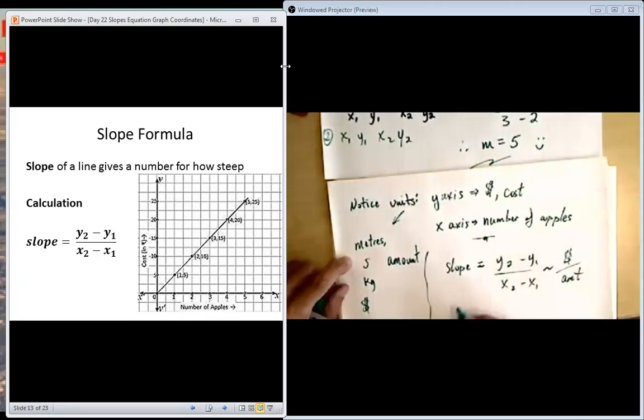And so this slope ends up being $5 per apple, or in other words, $5 for each apple.